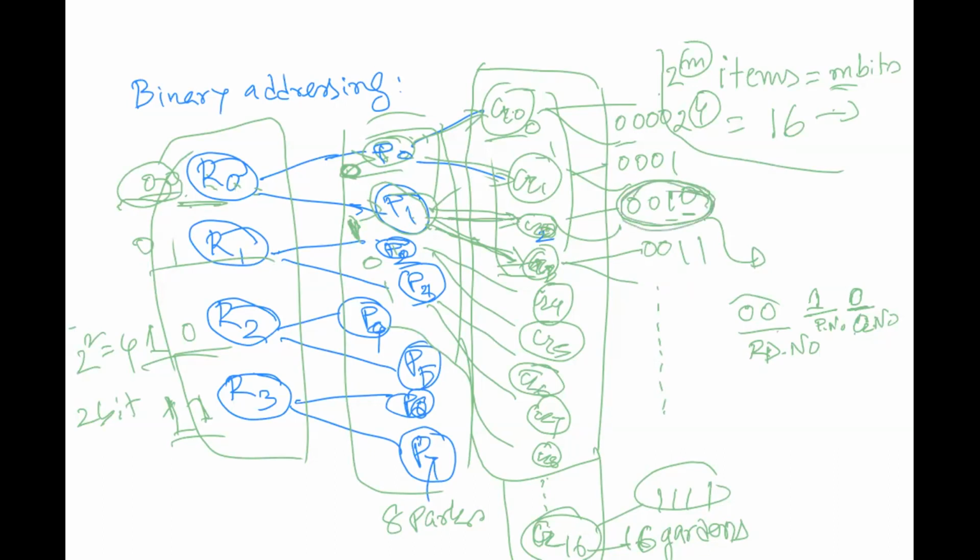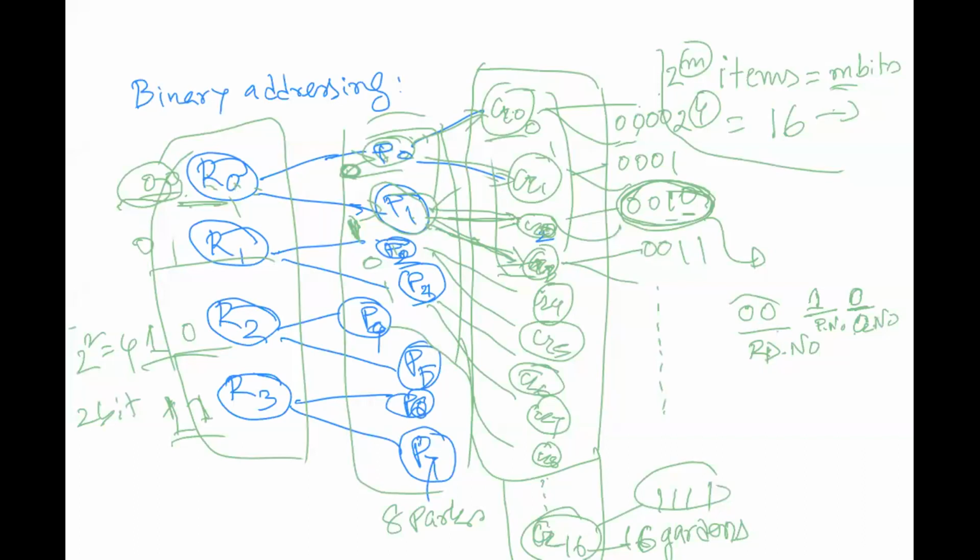So you can either interpret the number uniquely using 16 numbers, or you can interpret it using segmentation, starting from the road.